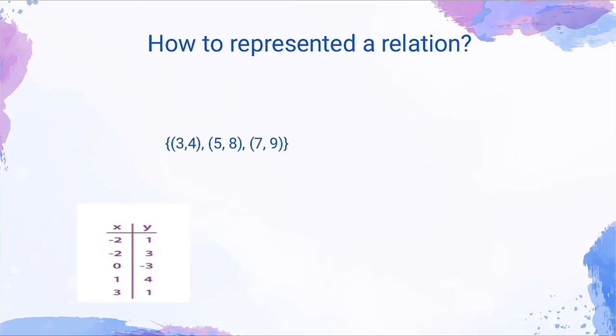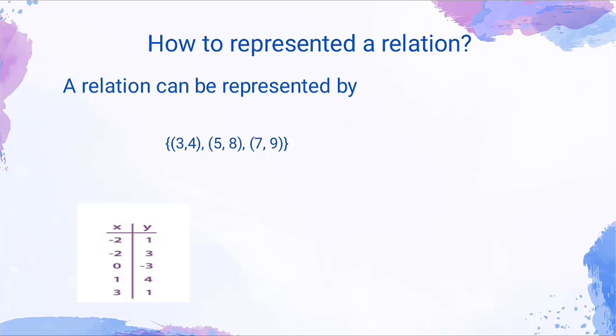How to represent a relation? A relation can be represented by, number 1, set notation. For example, a set which contains the elements 3, 4, 5, 8, 7, 9. Number 2, tables.